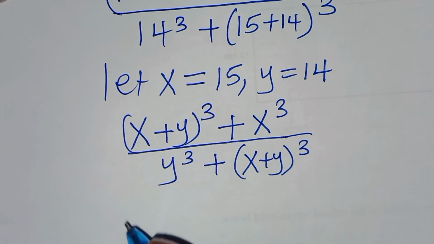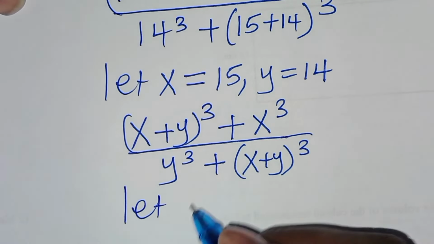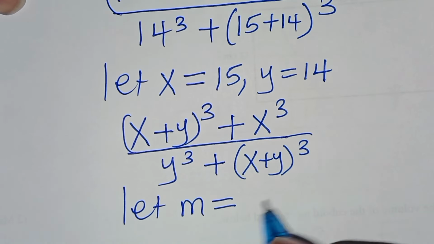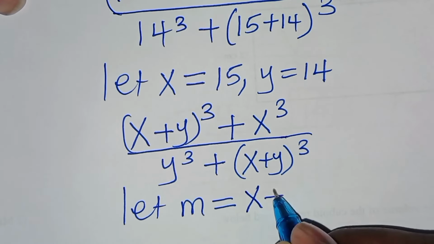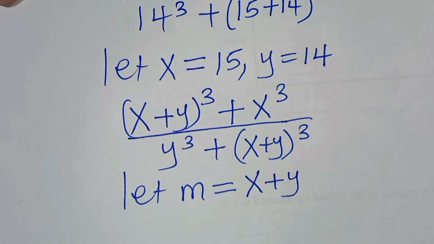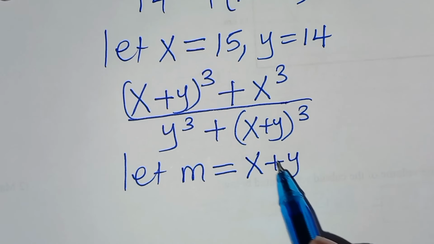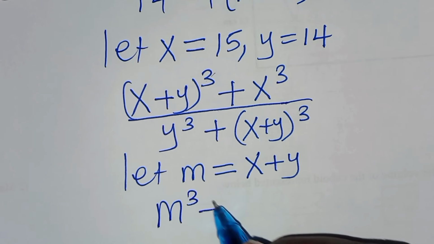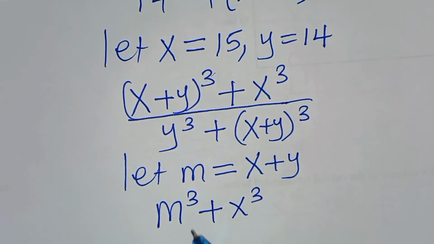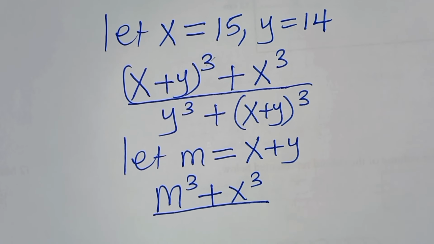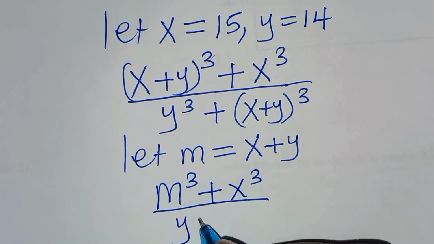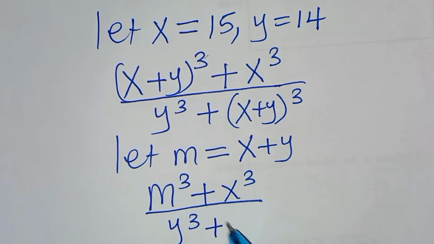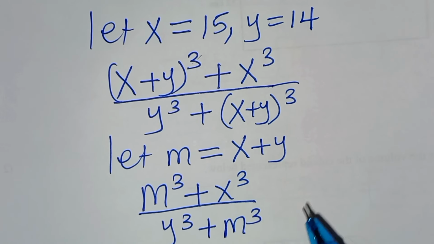Now, the next step we can just say, let m be equal to x plus y. So we have m equal to x plus y. Substituting this, we have m to power 3 plus x to power 3 divided by y to power 3, then plus x plus y, which is m, so we have m to power 3.